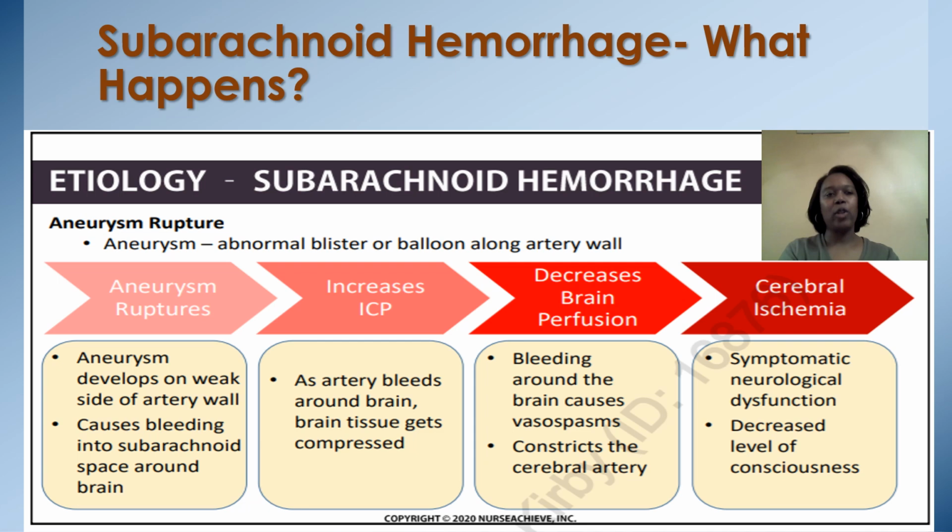The causative factors we discussed for intracerebral hemorrhage are the same causative factors for a subarachnoid hemorrhage. So let's just discuss the etiology of a subarachnoid hemorrhage.